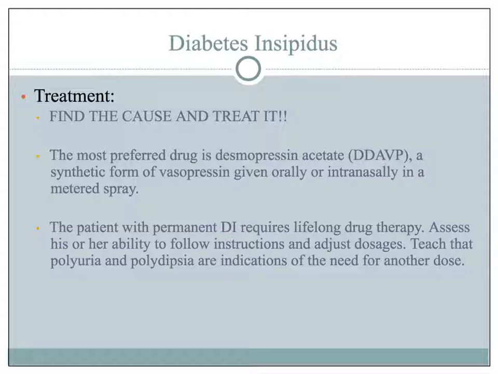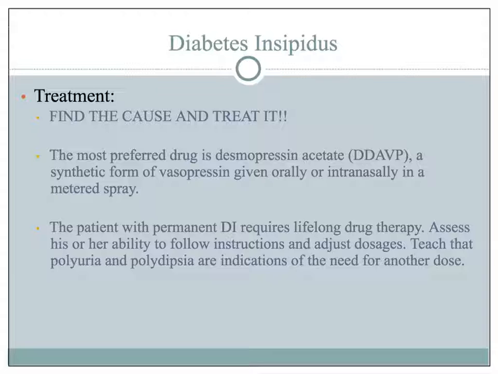People who have idiopathic causes of diabetes insipidus will have to take it lifelong, and most patients will essentially take it until the cause can be treated, if it's of temporary cause. Basically, this medication has to be monitored and managed very closely.